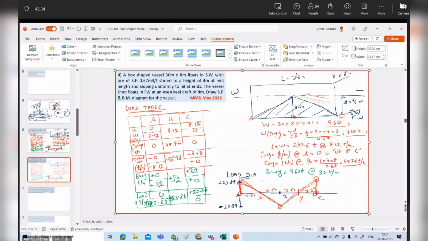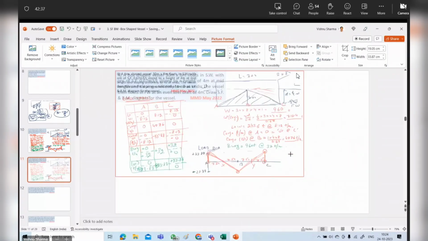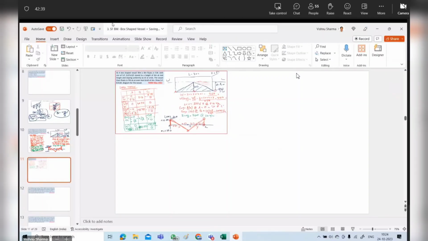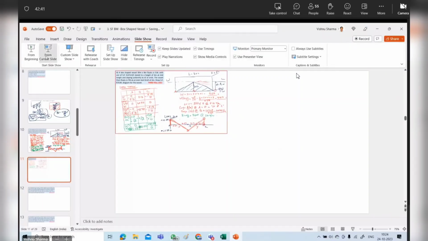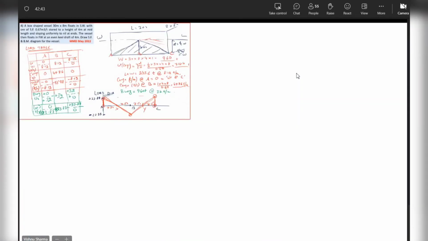So here is the question figure for you, so that there is no miss out on it. Now, my load diagram is like this. Let me make a small load diagram here. Again, I'll just copy it as it is.